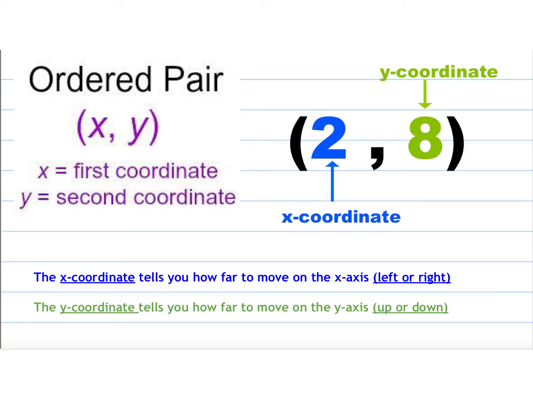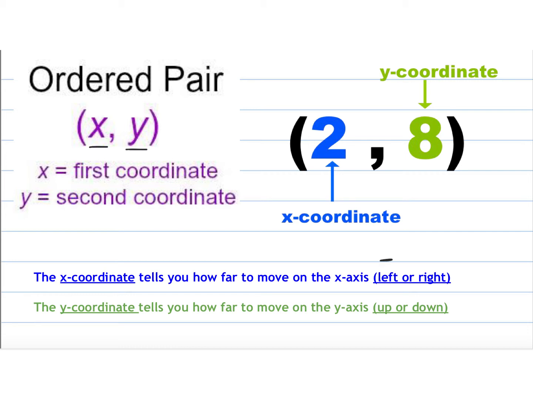Again, in an ordered pair, the first value is the x-coordinate and the second value is the y-coordinate. It is always going to be that way, x, y. So think about how they show up in the alphabet. The numbers, again, tell us how we are moving. So the 2 in the x-coordinate tells us how far to move on the x-axis, to the left or to the right.